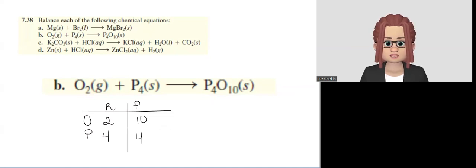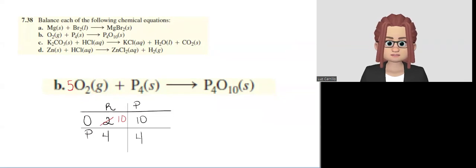So for this reaction specifically, we must put a coefficient of 5 in front of oxygen. And when I take 5 times 2, that means that my oxygens will go to 10 atoms. And now I have the same number of atoms in reactants and products for my oxygen and my phosphorus.